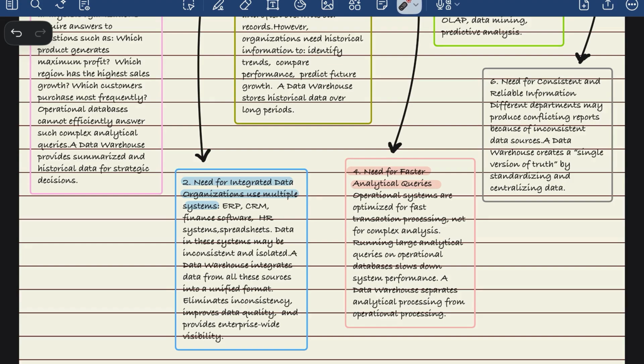You don't have to do it on the same database, so the customer is able to book tickets very easily while you run the queries on a separate database, very fast and effectively. So this is an example of why we need a data warehouse, because we need faster analytical queries as well.